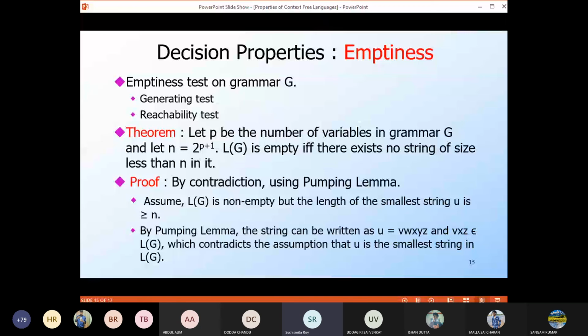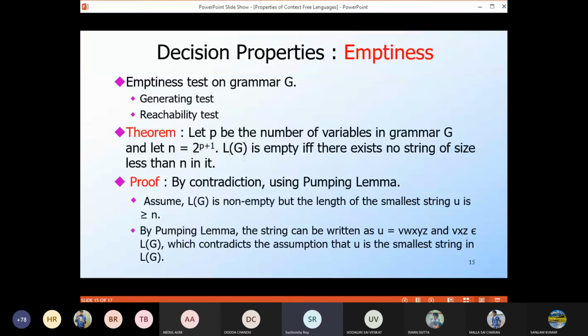This you can continue to do till n. That is a finite step process, right? And in the process, if you cannot find any string till size n, then you can safely say that the language does not have any string in it. It is an empty language.